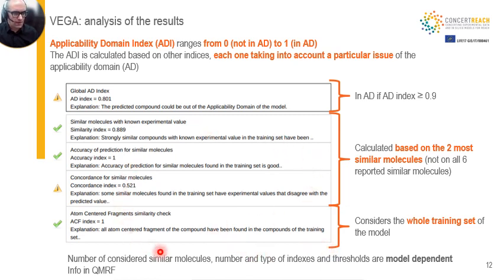And based on these parameters, VEGA calculates a so-called global applicability domain index for evaluating if the molecule is compliant or not, which is actually a number, and there are thresholds set, which are also model dependent, for deciding if the molecule is compliant or not. For example, for this specific model, if the applicability domain index is higher or equal to 0.9, then the molecule is compliant.